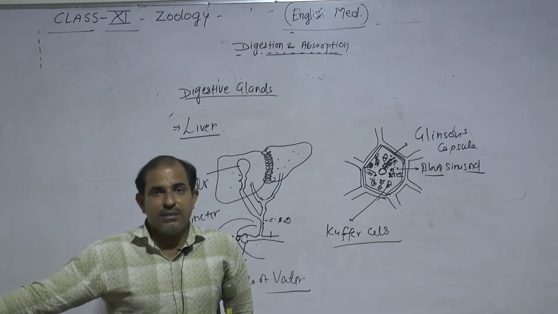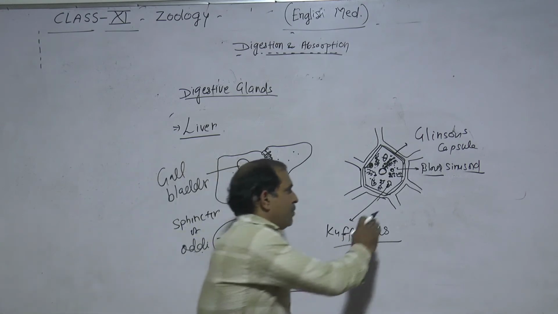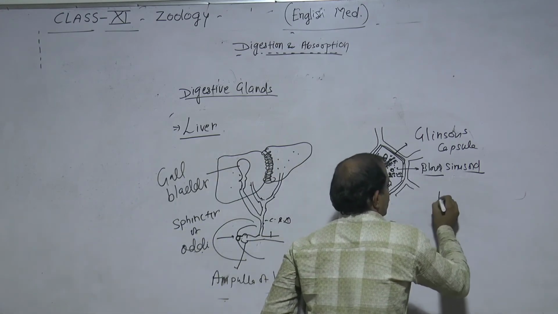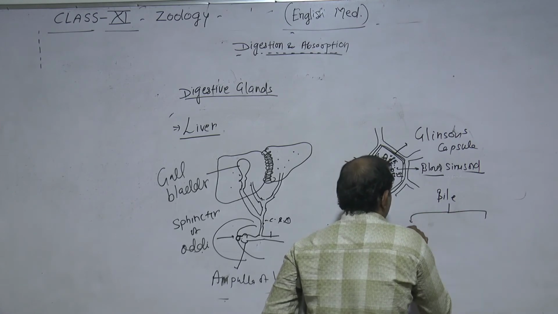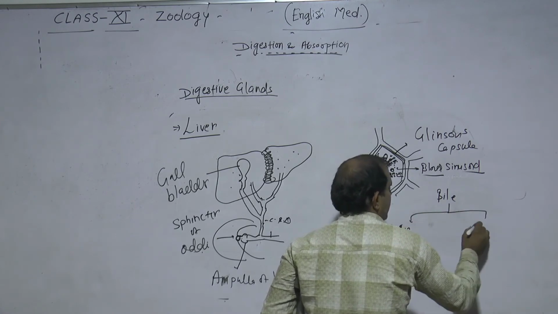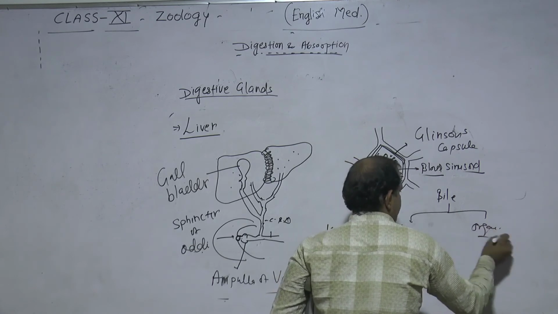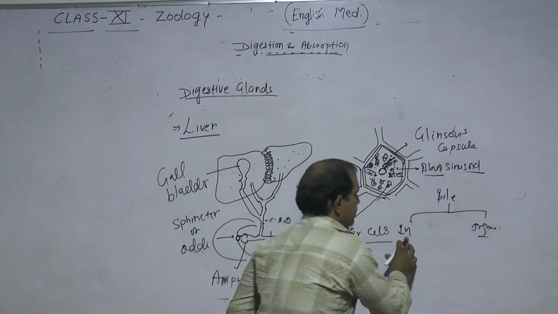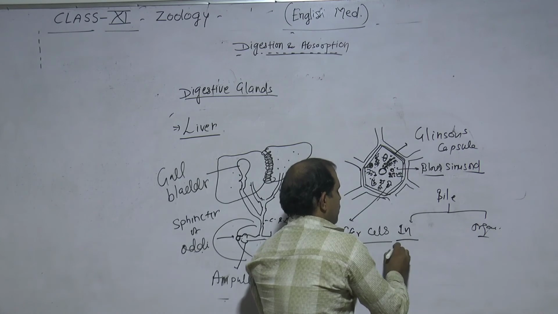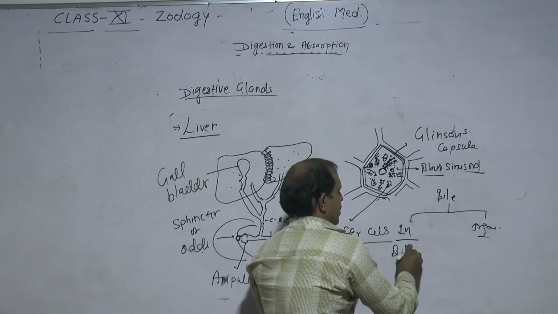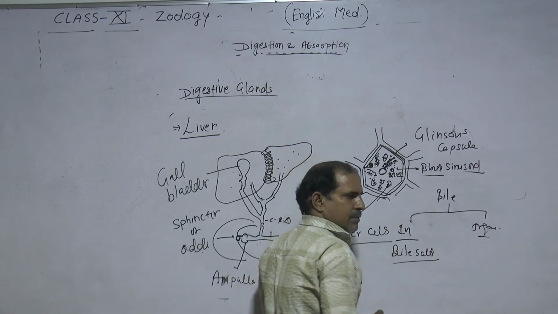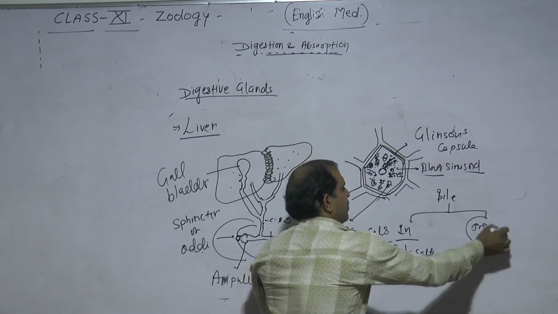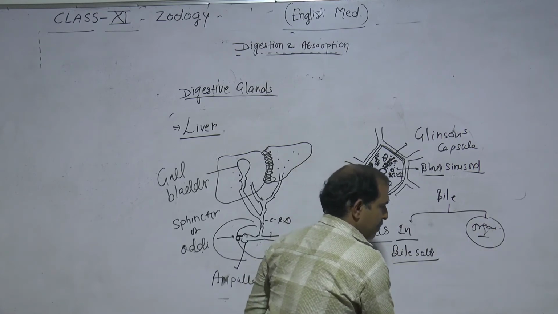bile salts are present. Just like this is bile juice, and bile juice contains two parts, inorganic and organic. In the inorganic part bile salts are present, and in the organic part bile pigments are present.